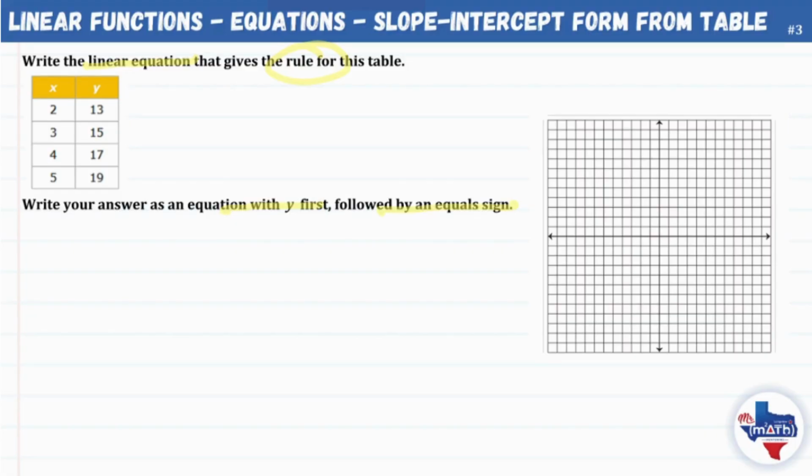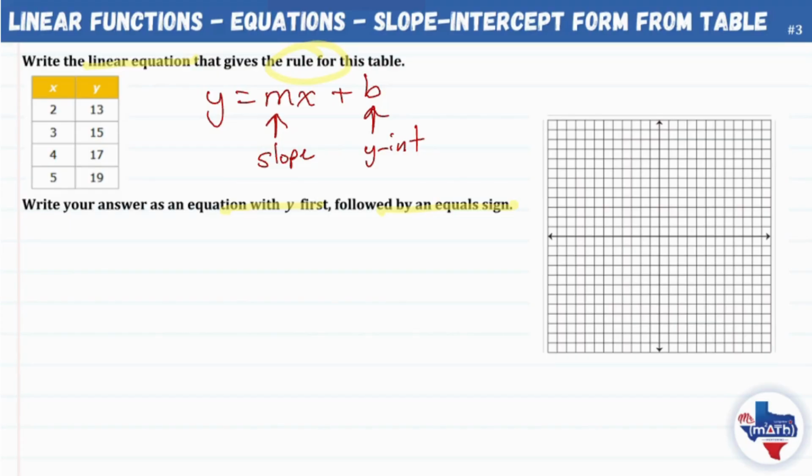Okay, so what it's saying is we want to write our equation in slope-intercept form, which is y equals form. Y equals mx plus b, where m is the slope or rate of change, and b is the y-intercept or starting point.